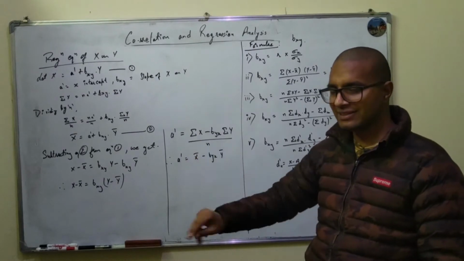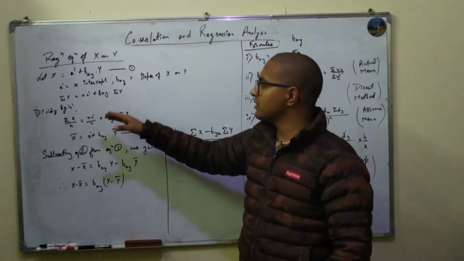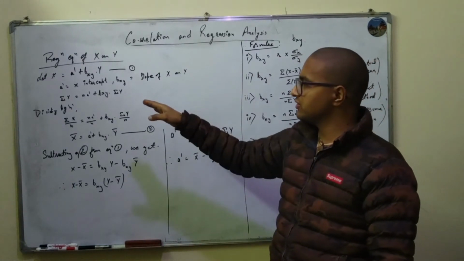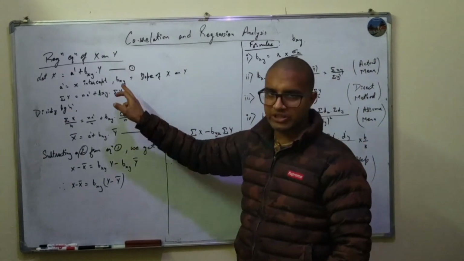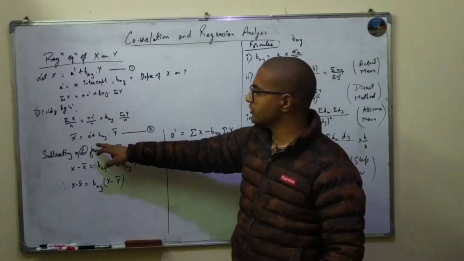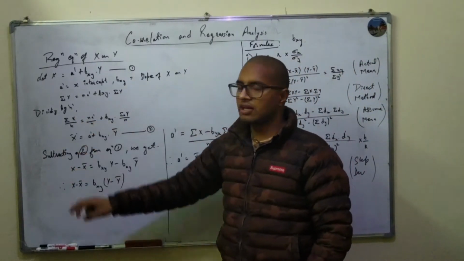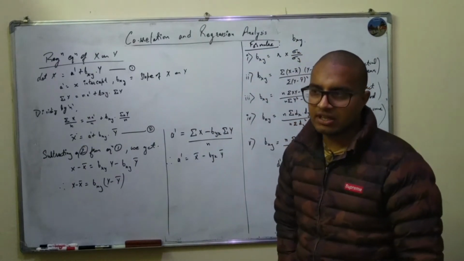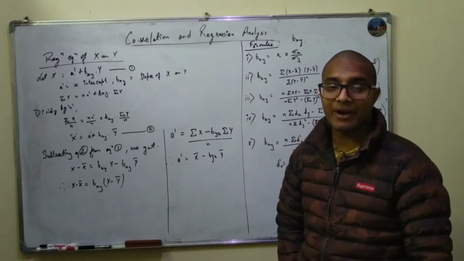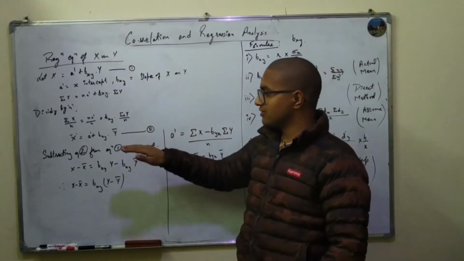Then you will multiply it with the summation sign, and you will get this equation divided by n. Since summation x by n is the mean, we can write it as x bar. That's why we get this second equation.